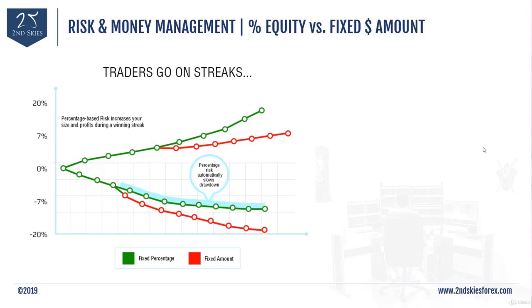And it also makes it much cleaner for you to manage. If I know I'm risking 1% of my equity per trade, as my account grows or shrinks or is in flux over time, I can easily do that calculation of, hey, what's 1% of my account? If I go on a winning streak, I still know what 1% is in my account. I know what my equity is. But if you go on a winning streak and you're risking a fixed dollar amount, don't you have to decide arbitrarily when you want to increase that fixed dollar amount?